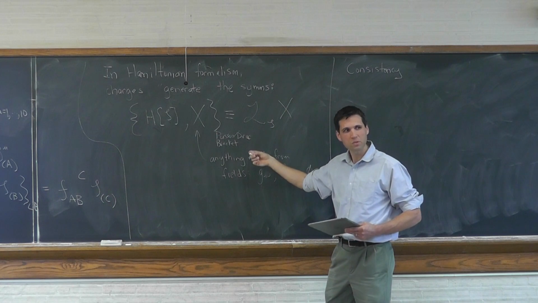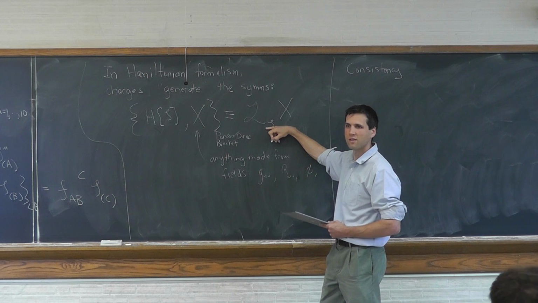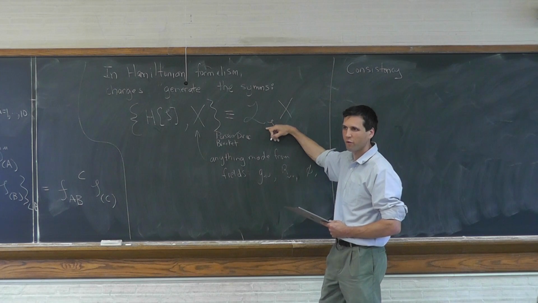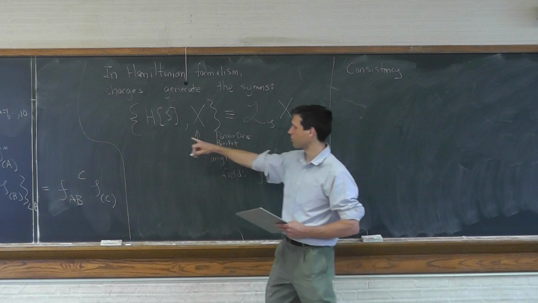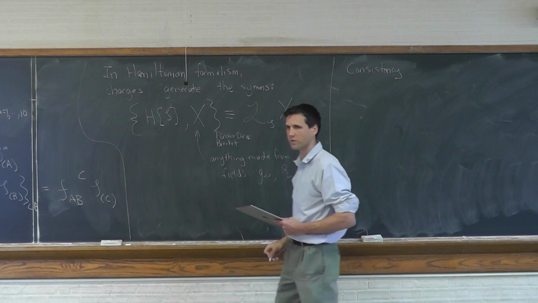when you act multiple times. And we can act multiple times on the right-hand side. And for all that to be consistent, you need the algebra of the charges to actually be the same as the algebra of the symmetries.